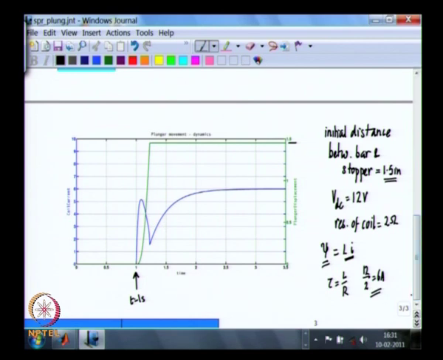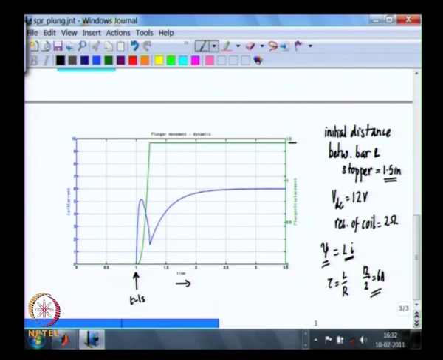Now in the analysis of electromechanical systems, these are the kind of results that we are looking for. We want to know how this electromechanical system behaves with the increase in t.